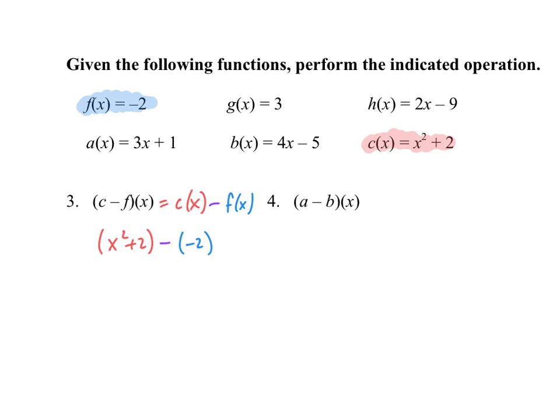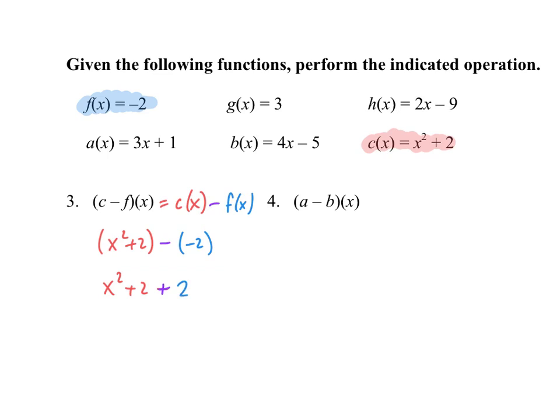So again, as we think about what we are doing with these parentheses, we look in front of this red set of parentheses, and there's nothing there but a positive 1. So those red parentheses are not doing anything again, so I'm just going to get rid of them. So x squared plus 2. Then as we look in front of the blue set, we have this minus sign. So we have minus negative 2. We know that those two things interact and become a plus. And then the 2.